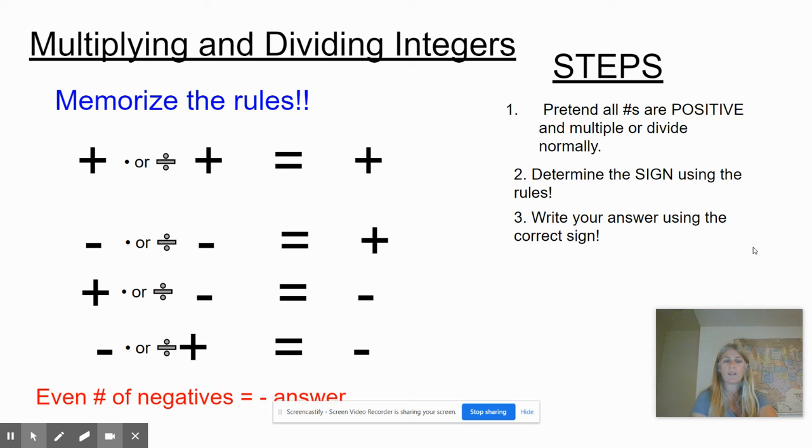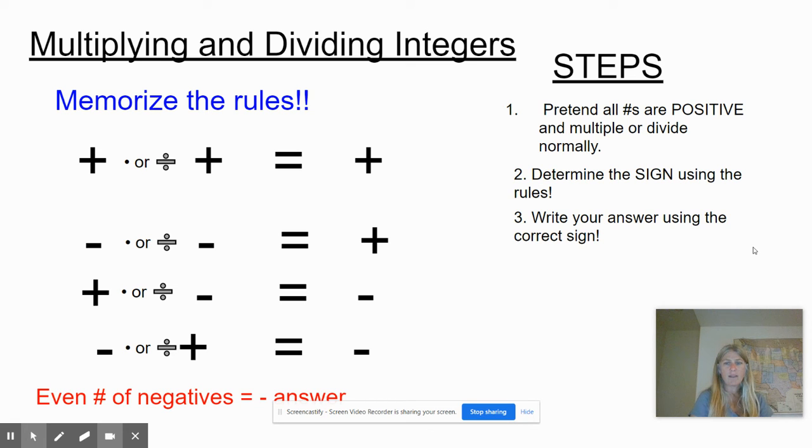Now we have a couple weird situations going on. If we have a whole string of numbers that we're looking at, we can multiply all those numbers normally, but then we go ahead and take a look at the number of negatives. So if I'm multiplying 5 negatives together, then that's an odd number. If I'm multiplying 4 negatives together, then that's an even.